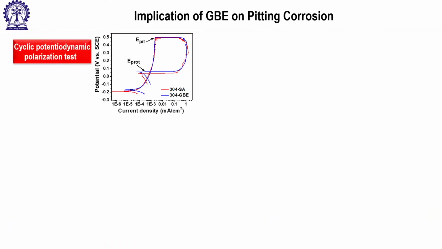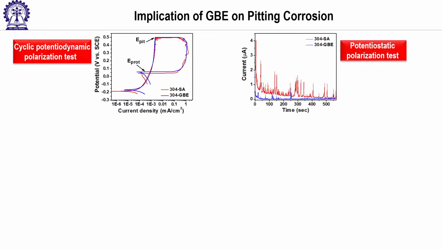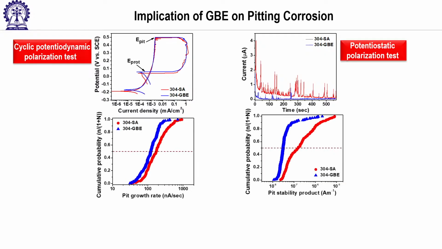So the final one is the implication of GB on pitting corrosion. As you all know, these austenitic stainless steels are very prone to pitting. We have done pitting on 304, not 304L, on two different materials, one is SA that is without GB and another is GB. There are many parameters here, I do not have much time to elaborate, but I want to emphasize two parameters.